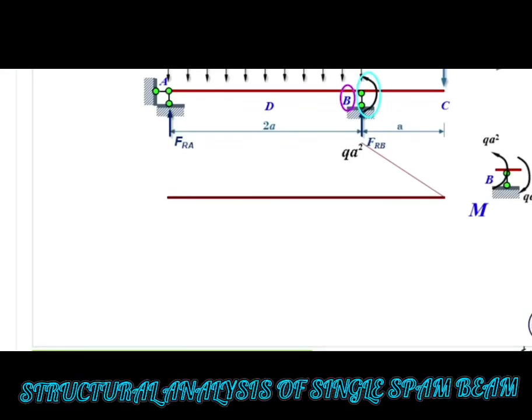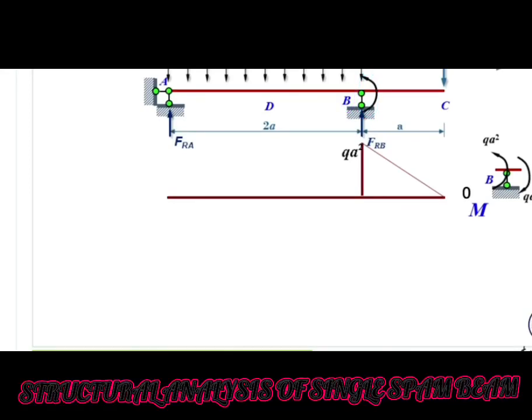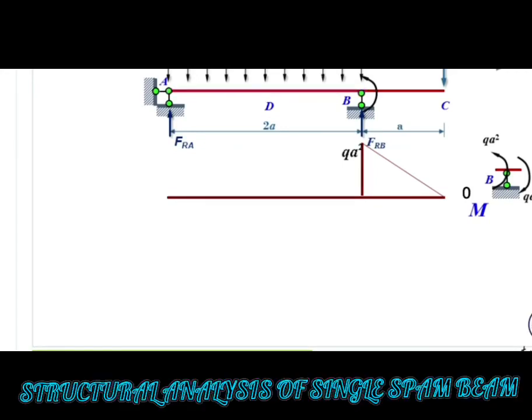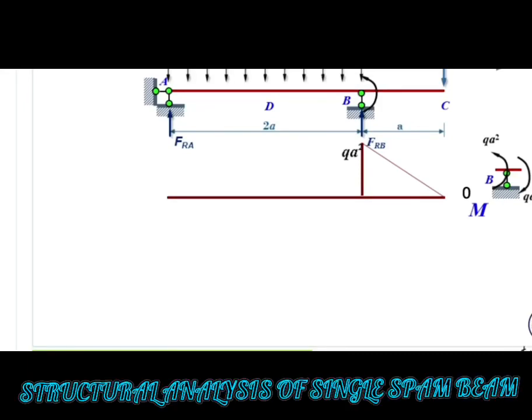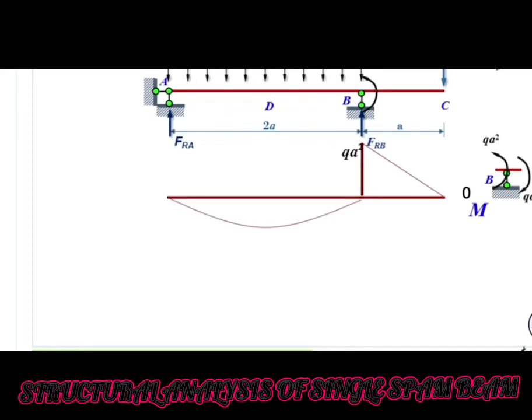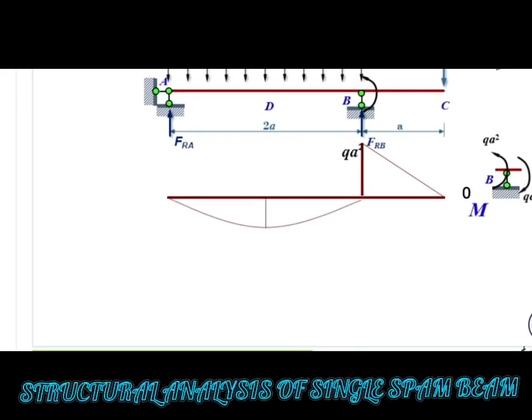We'll know that for the left side of section B, M is equal to 0. For part AB, section A's M is also equal to 0 because no moment is acting on it. There's q acting on part AB, so its bending moment diagram must be a parabola. We can determine that section D's M is equal to half of qa squared.